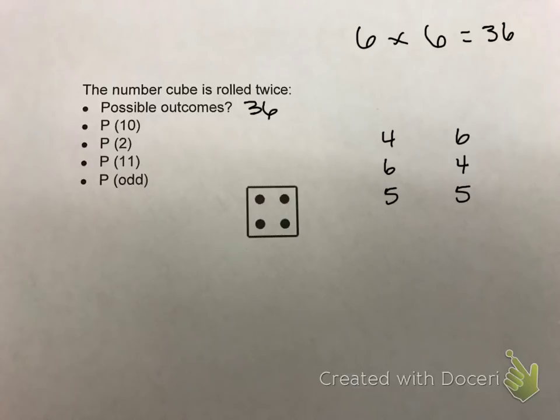These are the 3 different ways that you can roll a 10, meaning when you add the values together whenever you roll a number cube twice. So 3 out of 36 simplifies to 1/12. So the probability of us rolling a 10 is 1/12.